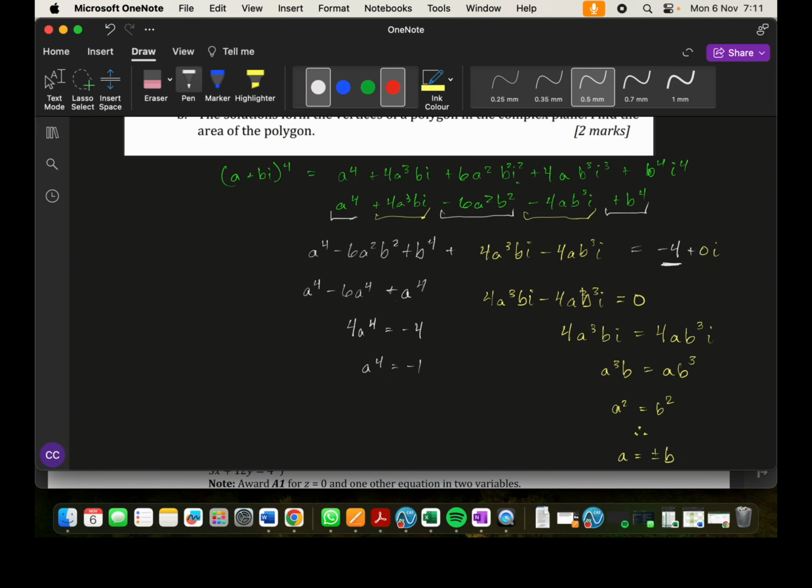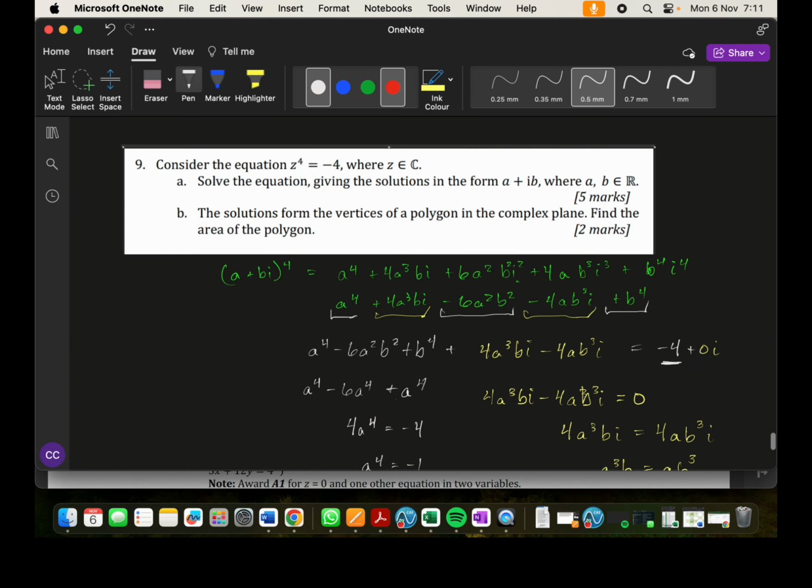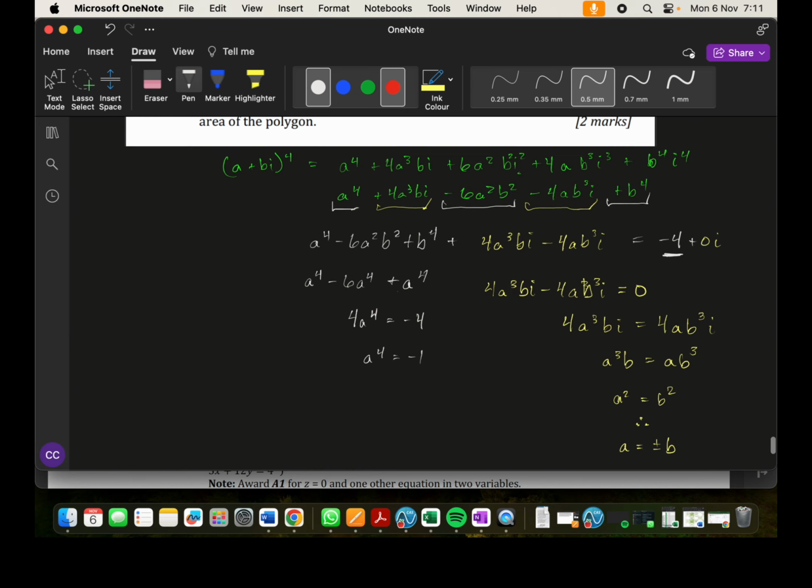Why is that negative? That annoys me that that is negative. That can't be negative, because I can't raise something to the fourth power and get a negative number.